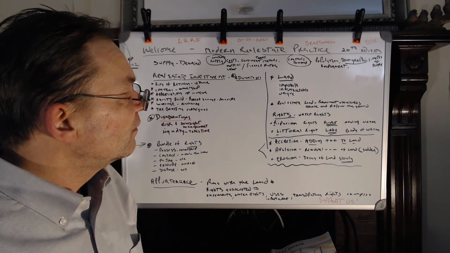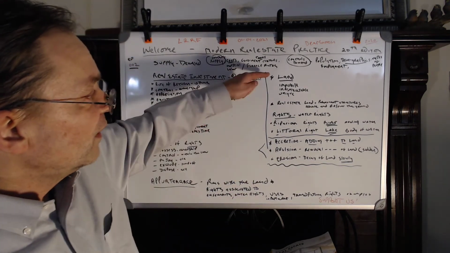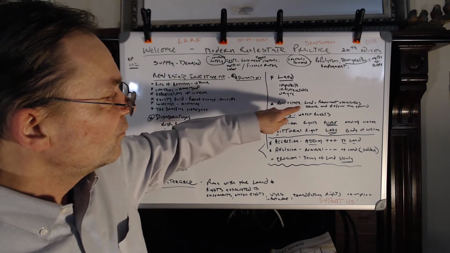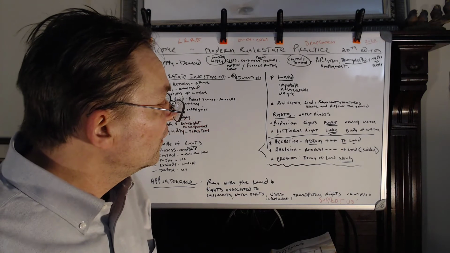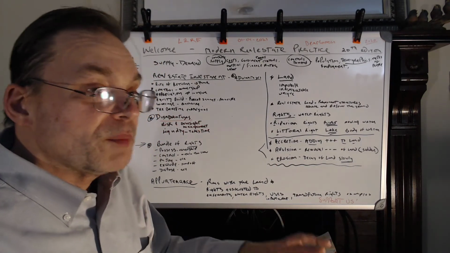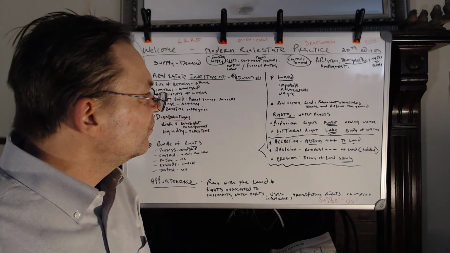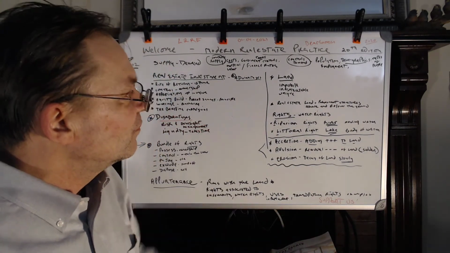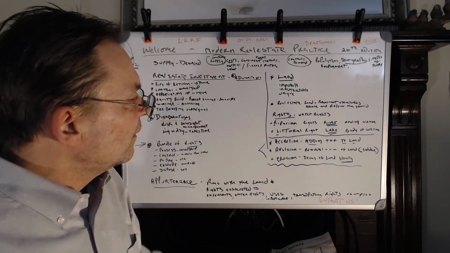You have land, and then you have real estate, which is land and the permanent structures attached to it. Without the structures, you have land. With structures, you have real estate.